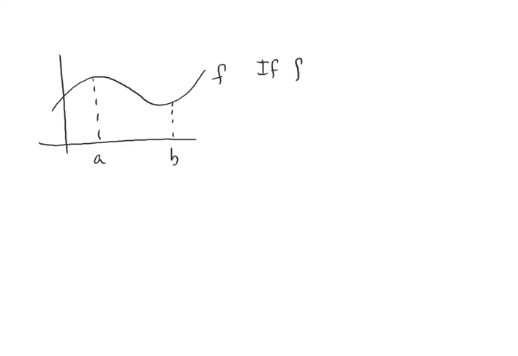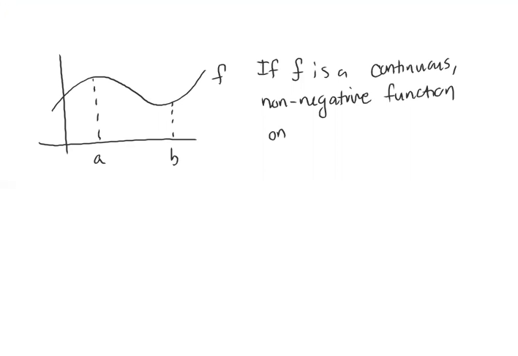So we say if f is a continuous non-negative function, so above the x-axis, and it is on the interval from a to b, then the area of this region we have at least been calling S.